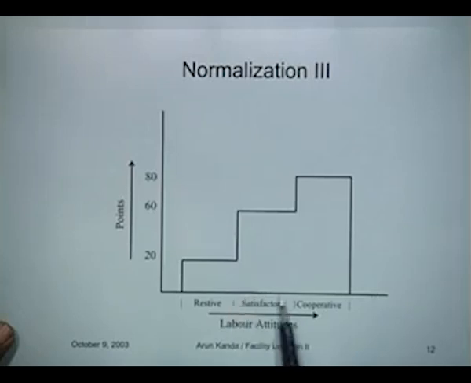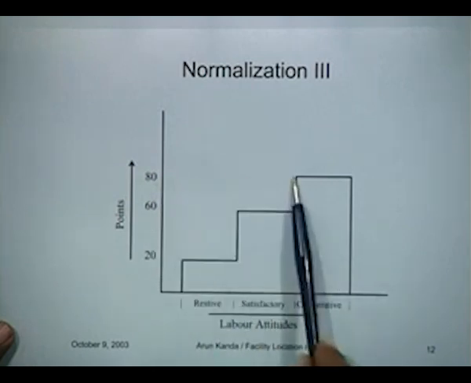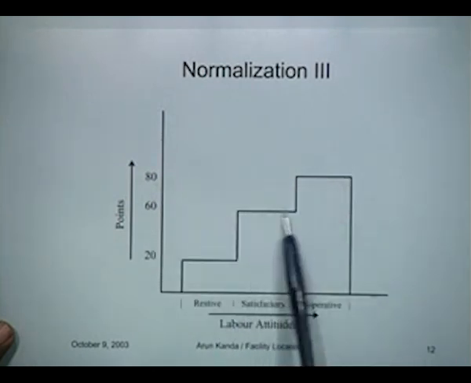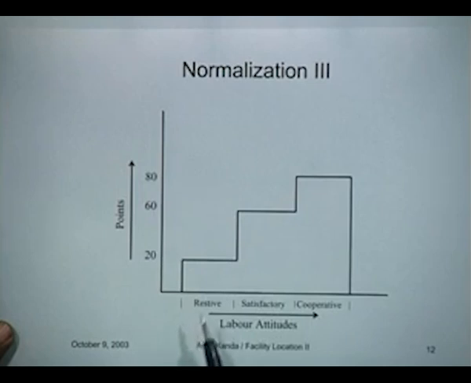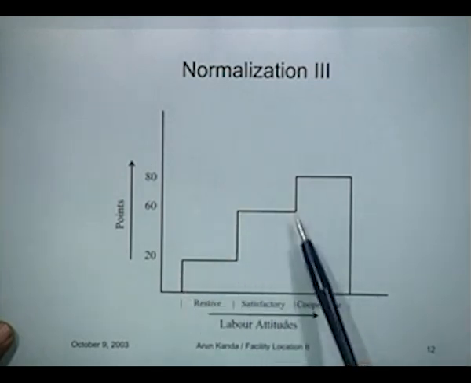You have satisfactory labor, where the labor is willing to cooperate with you, and you might have cooperative labor which is willing to do everything. That's so obviously this is the best, so you give maximum marks, let us say 80. Between this you give 60, between this you give 20. So, essentially the normalization curve for such subjective factors will be a staircase function of this kind, where you can decide the length or the height of the stair in each case.